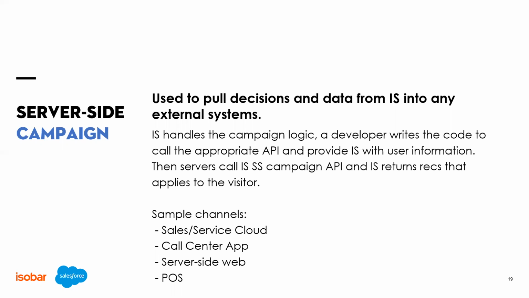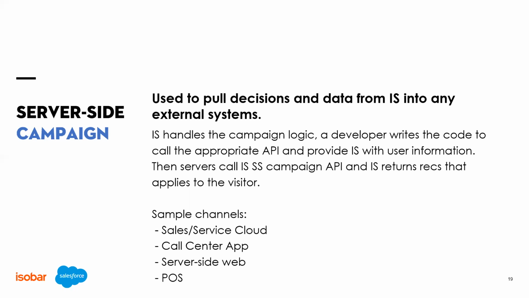Interaction Studio will handle the campaign logic, but the developer will write the code to call the appropriate API and provide Interaction Studio with user information available in this external system. Once a person is in the moment or in the system, the service calls the Interaction Studio server-side campaign with this API, and Interaction Studio returns recommendations.